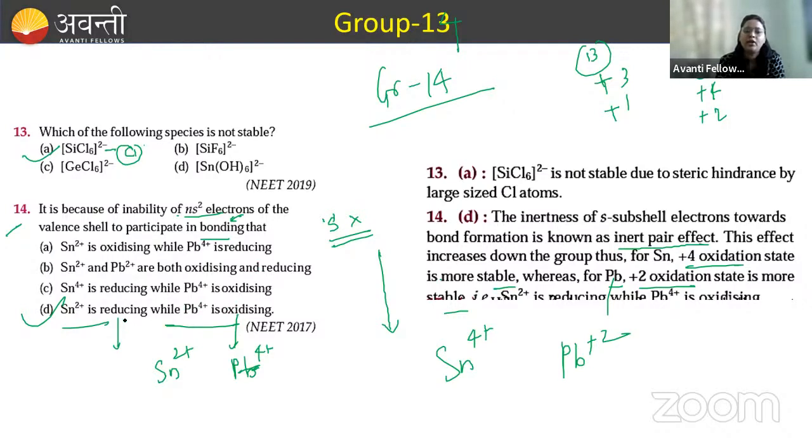Yes, it will reduce other substances and itself undergo oxidation, right? इलेक्ट्रॉन डोनेट करेगा, ऑक्सीडेशन में जाएगा मतलब लॉस ऑफ इलेक्ट्रॉन होगा, very good Ayush. Okay, so this is the correct answer, option D.